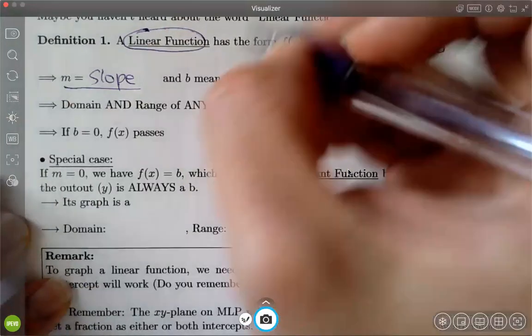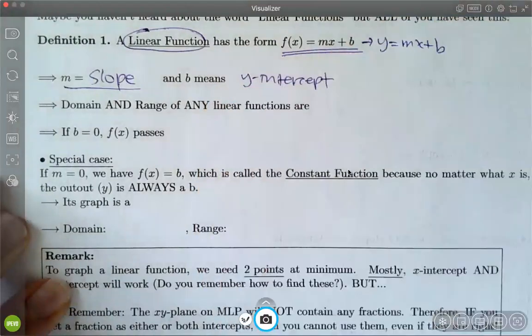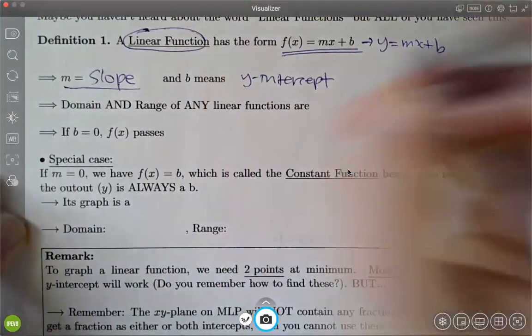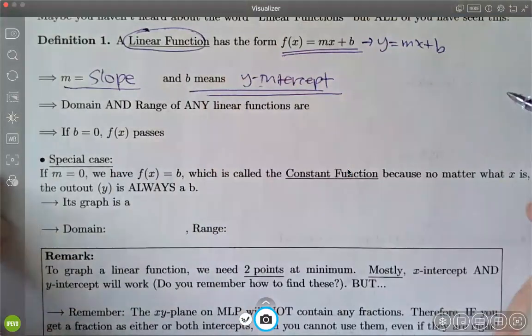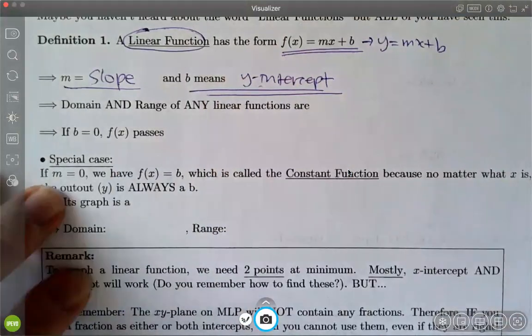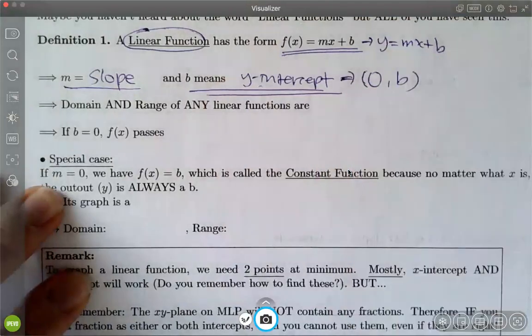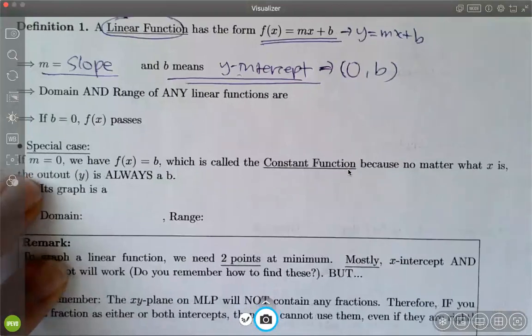Okay, so it's the y-intercept. There are only two intercepts, so we have a 50% chance of getting it right. So b means the y-intercept. And if you remember, any y-intercept has the form (0, number). In other words, the x-coordinate is 0, and the y value is just whatever number you have, b.